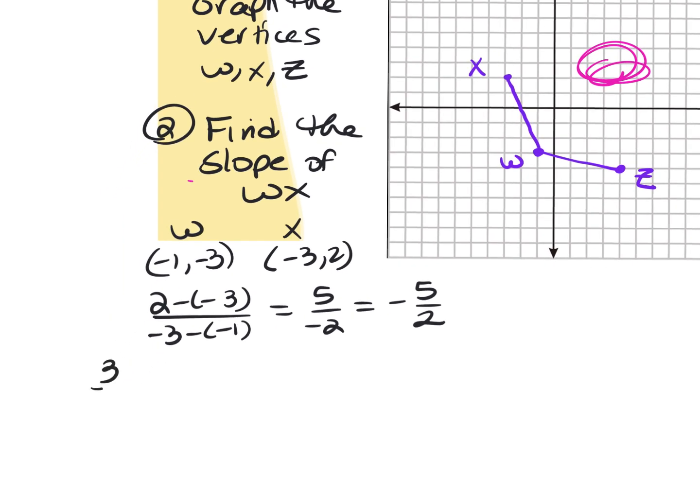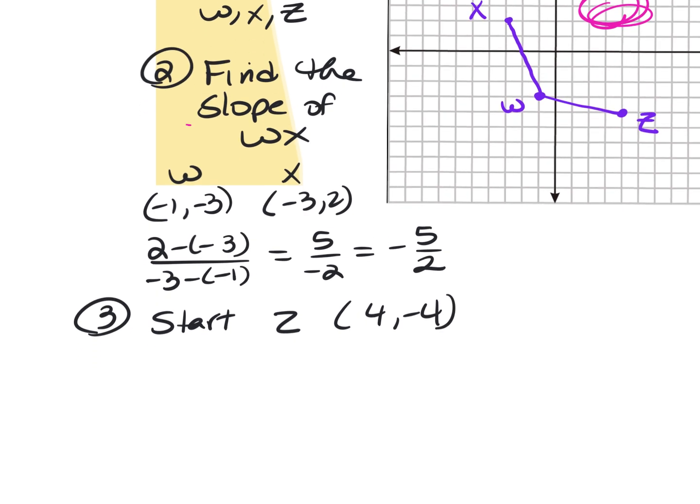Step 3, we're going to start at Z, which is the order pair 4, -4. And then what I'm going to do is take the slope I just calculated. So I'm going to rise and run using this slope, the -5 over 2, and plot my next point.